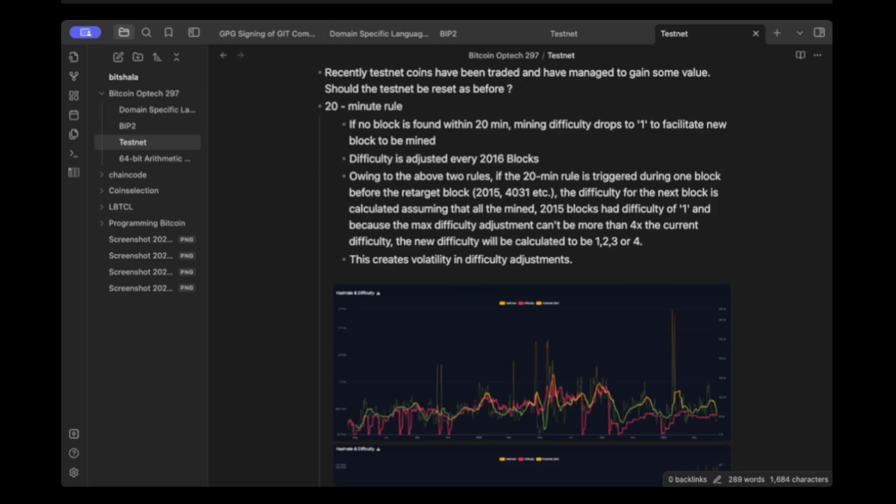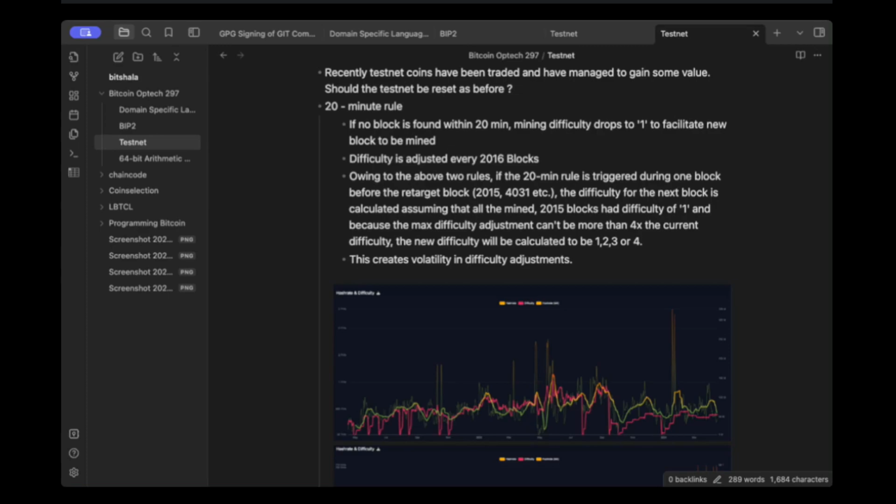As in mainnet, in testnet the difficulty is adjusted every 2016 blocks. If this 20-minute rule happens to get triggered in, say, block number 2015 or 4031, the difficulty gets set to 1, and then another block is immediately found. Now it is time for difficulty adjustment.